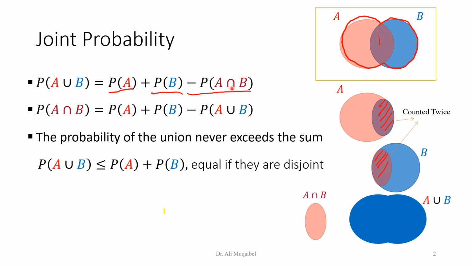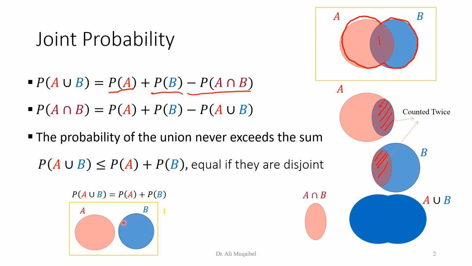And it's going to be exactly equal when this term equals 0. And this occurs if they are disjoint, which means they look like this, they are disconnected. So if you want the probability of the union, you just add them up. There is no intersection. So to summarize, in this slide we came up with the two formulas for the joint probability.